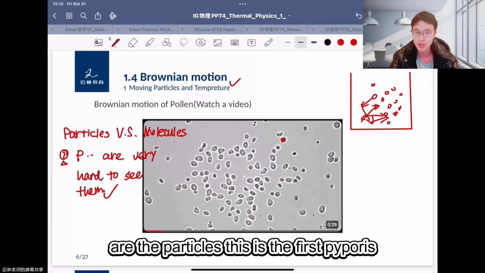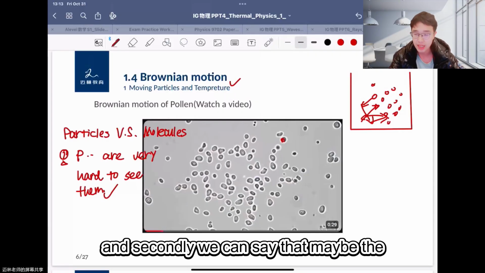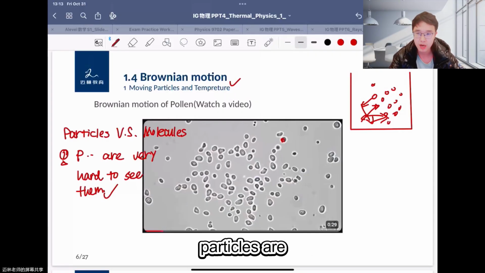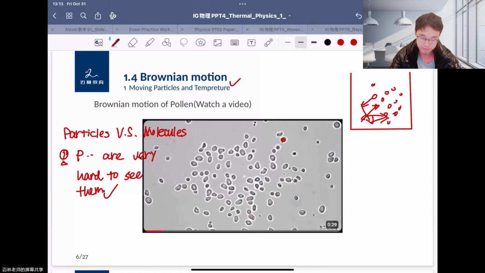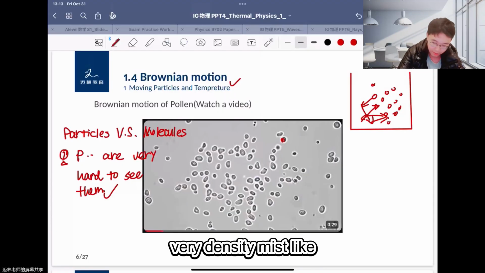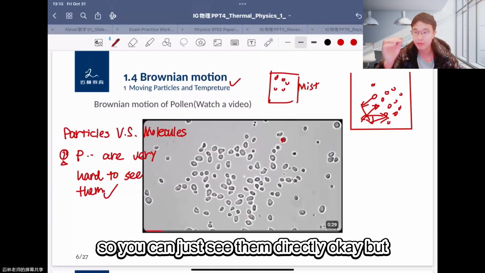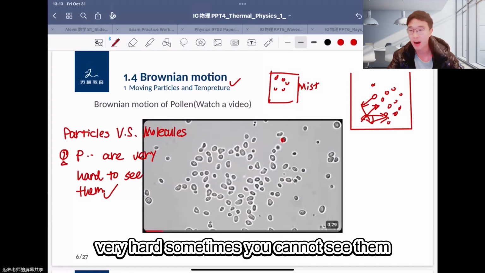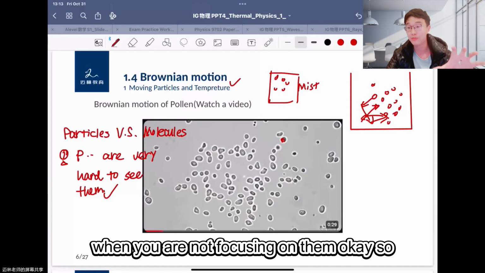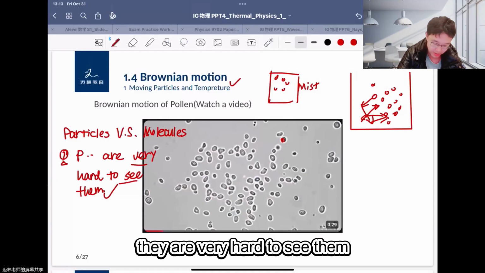This is the first property. Secondly, particles are like pollen, or like very dense mist in the air. You can see them directly, but very hard. Sometimes you cannot see them when you are not focusing on them, so they are very hard to see.